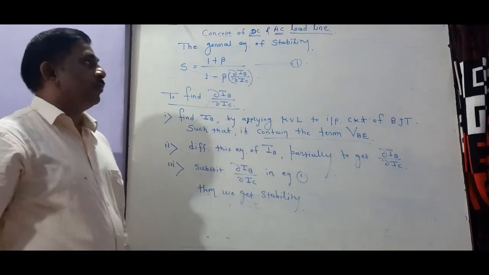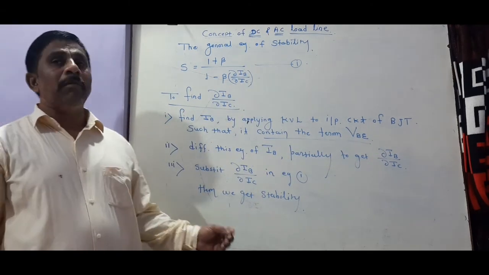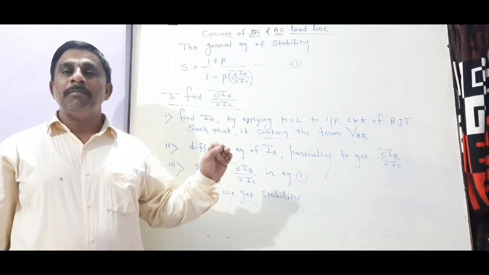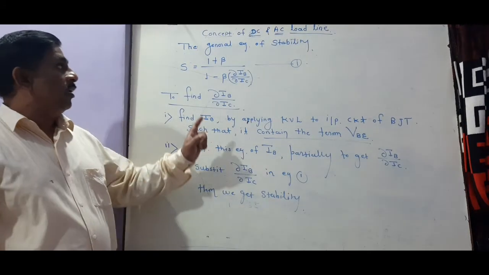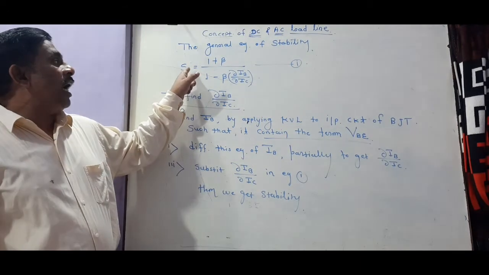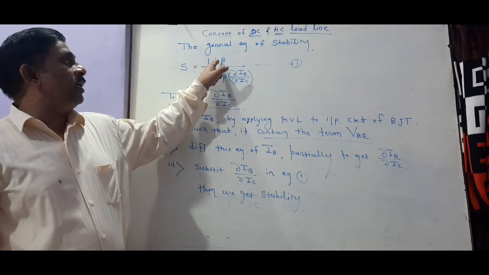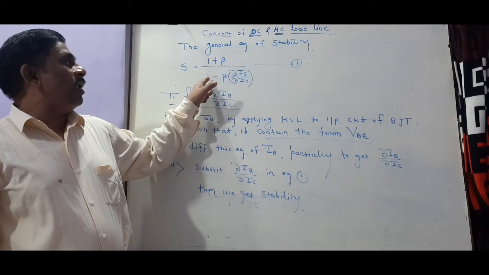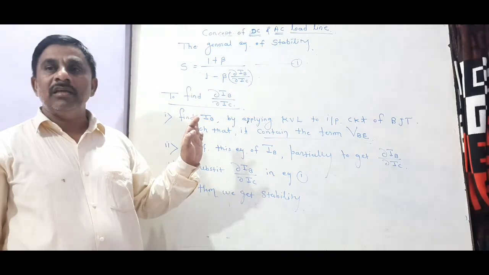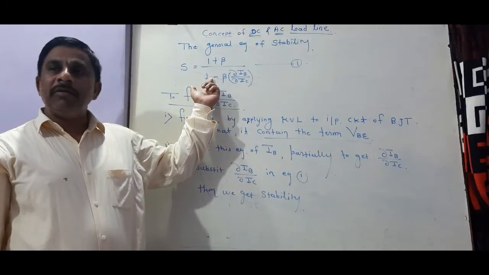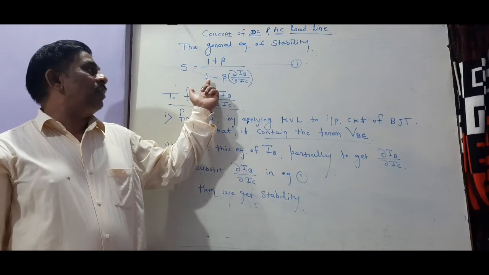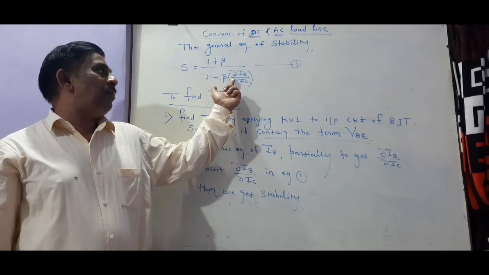So how to obtain the stability of any circuit of the BJT in terms of biasing and amplifier? First we should know the general equation of stability: S is equal to (1 + beta) upon 1 minus beta into delta IB upon delta IC. Already we have derived this equation. Now in this equation the unknown is delta IB upon delta IC.